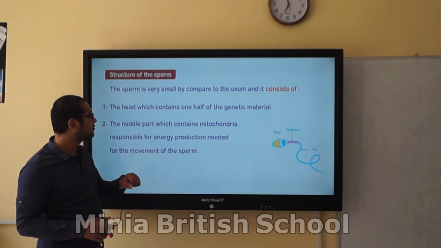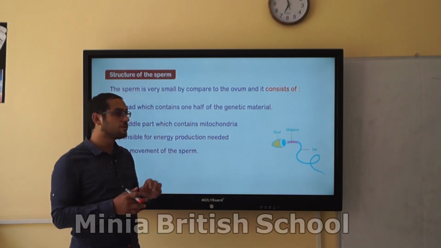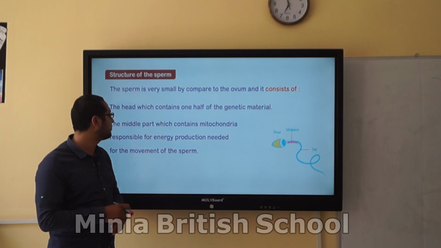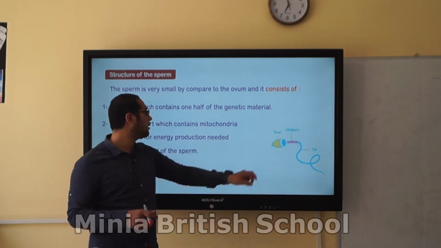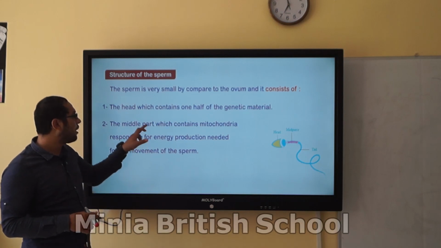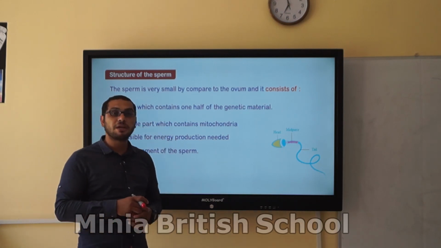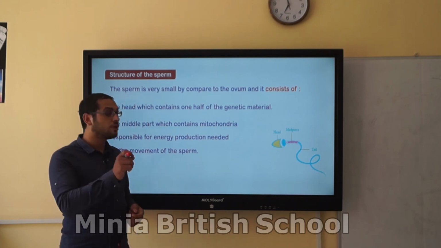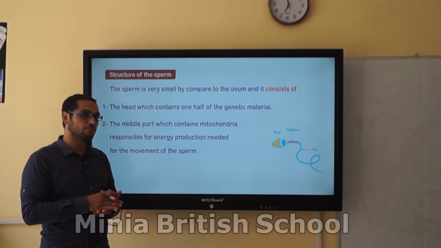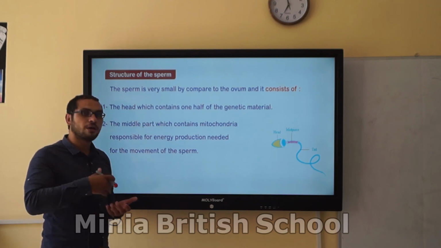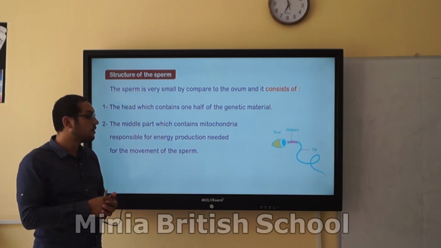The head contains one half of the chromosomes, or genetic material. The middle part contains the mitochondria, which is responsible for the energy production needed for the movement of sperms.